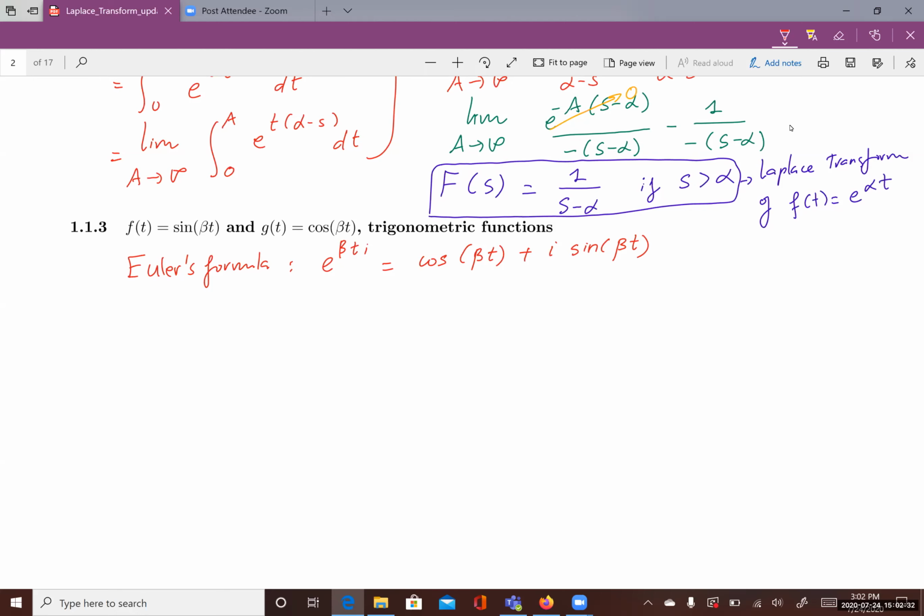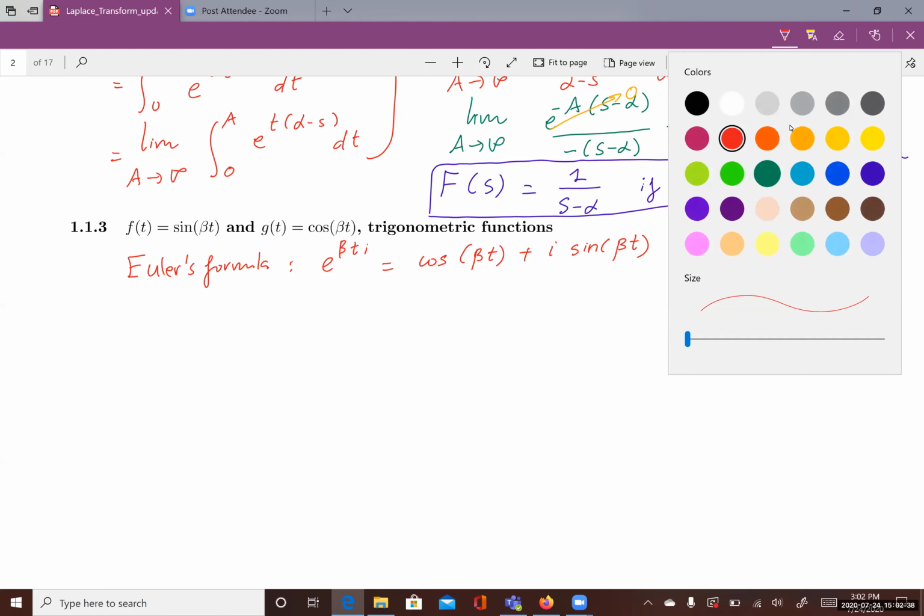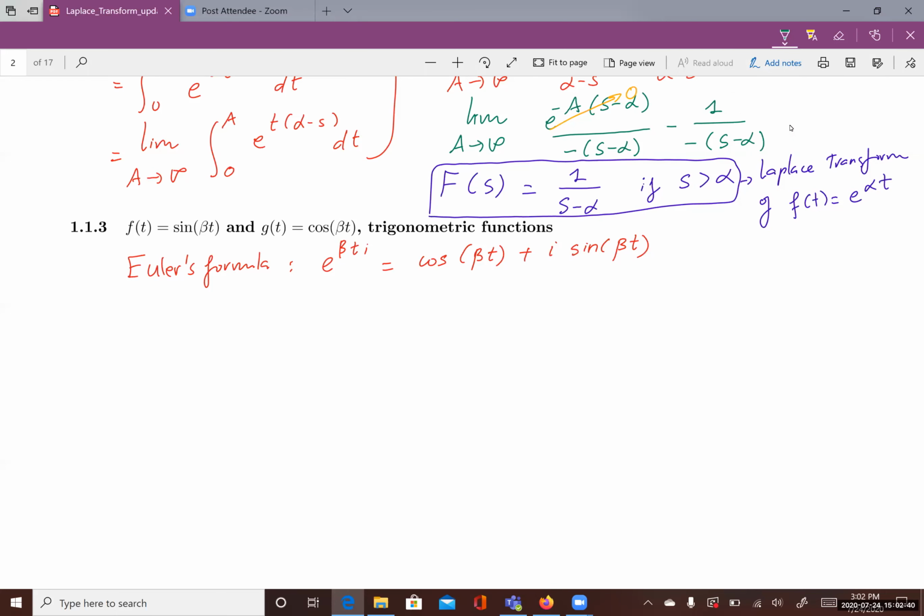Okay. So then using Laplace transform, I want to find the Laplace transform, let's say L, of e to the beta t i.